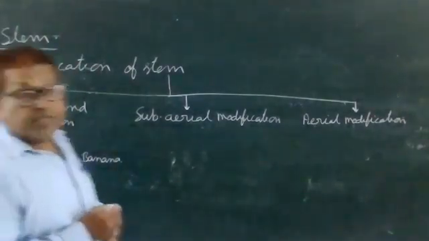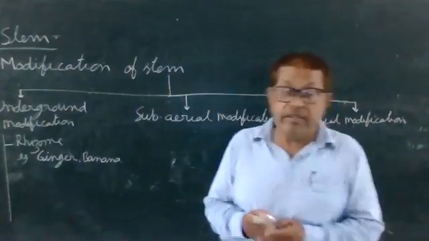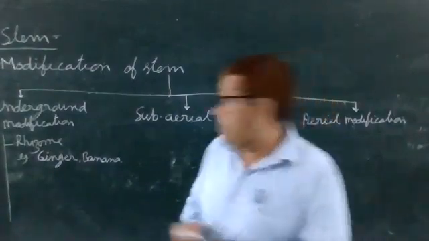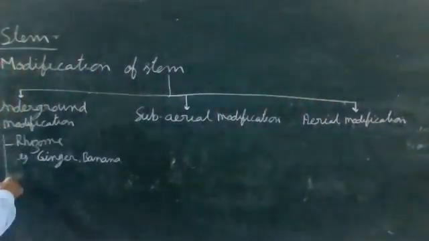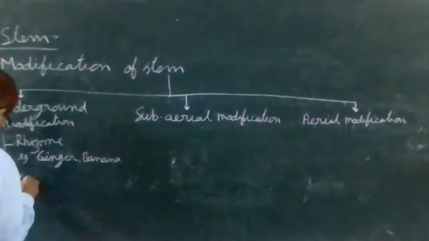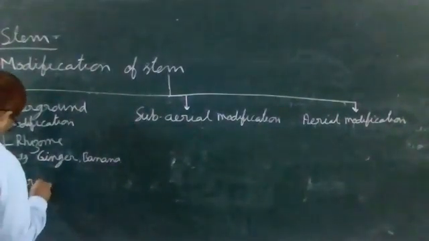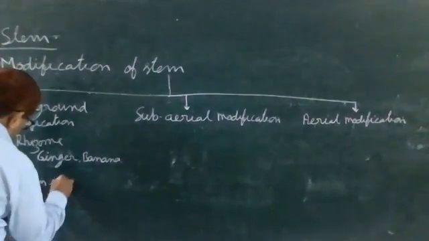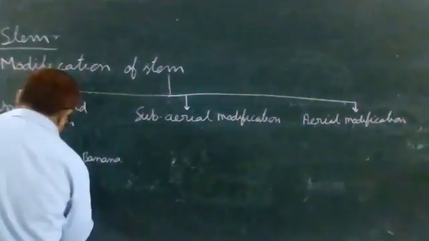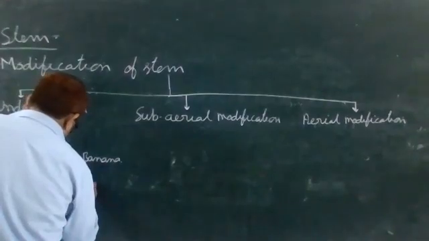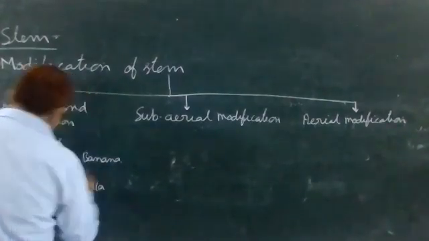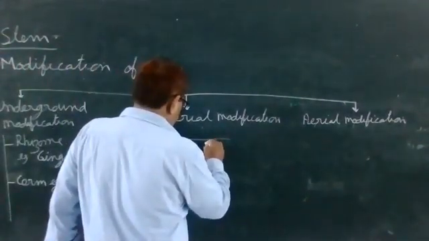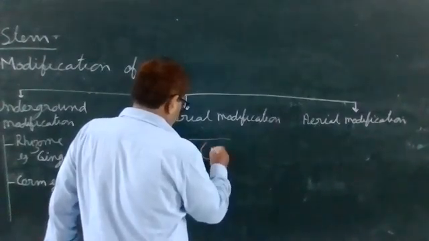Next one after rhizome is corm. Colocasia is an example of corm.